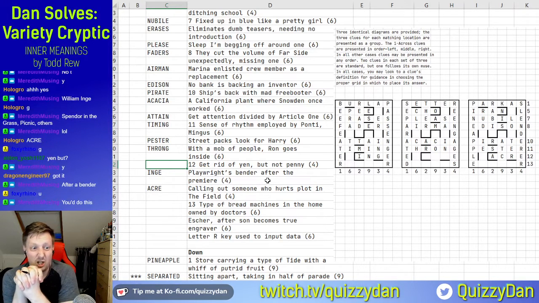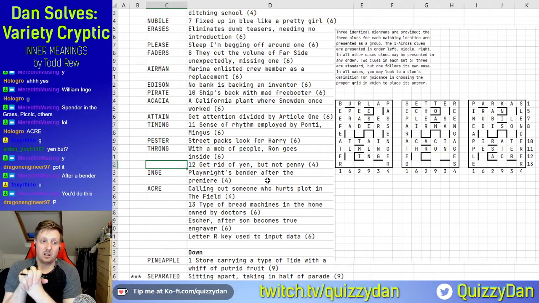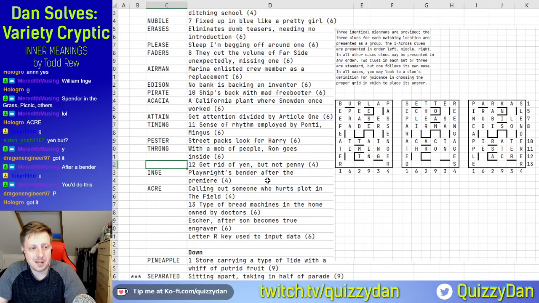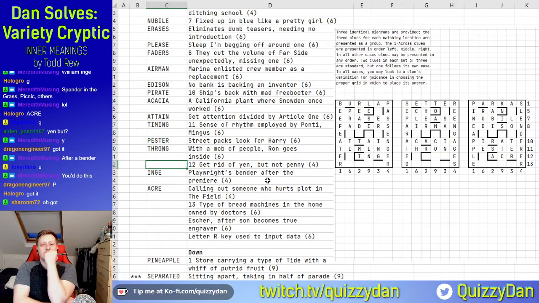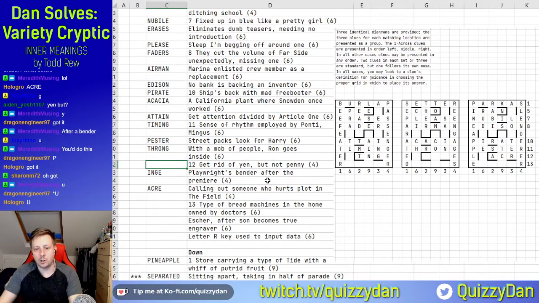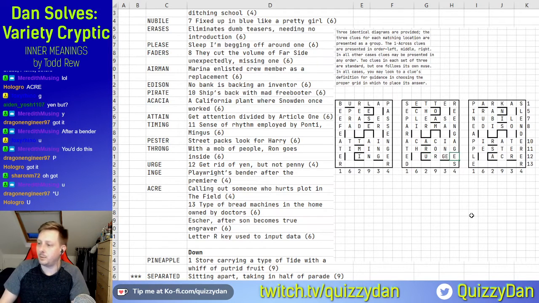The first letter is U. Hang on, the first letter is U or P? Okay. Purge. If you purge, but you take off the P, you get urge, and that is to yen. A yen is an urge. There we go. Good.